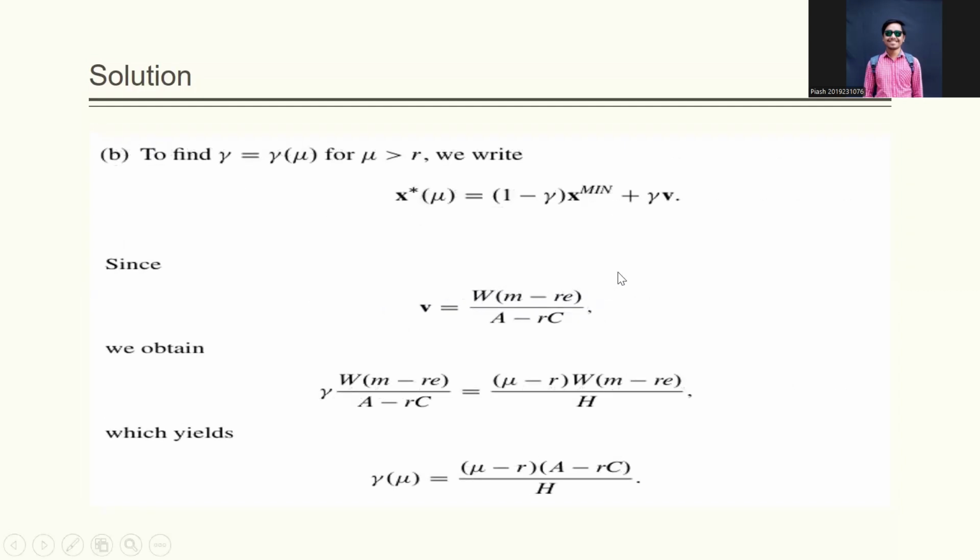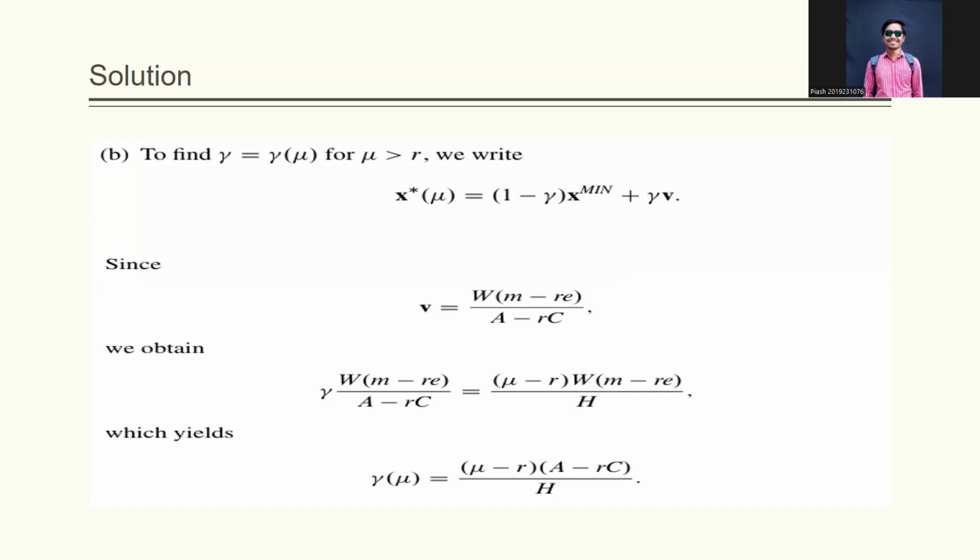Now have a look at the second solution. To find gamma equals gamma mu for mu greater than r, we write x star mu equals 1 minus gamma into x to the power minimum plus gamma v.